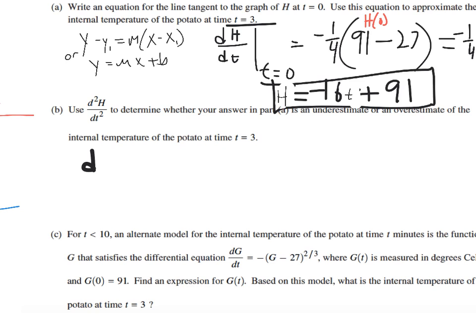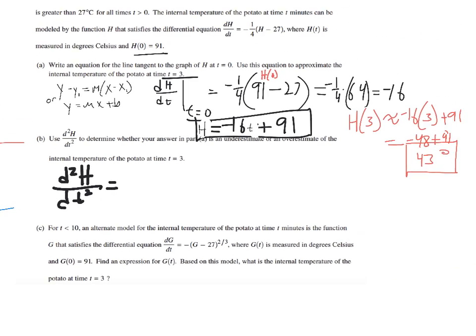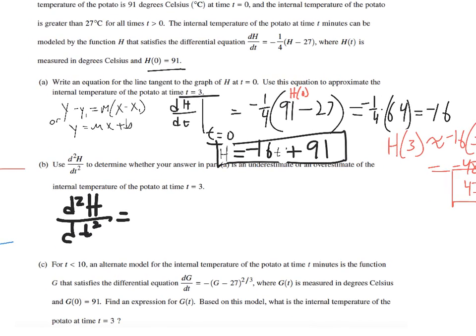Okay, so the second derivative, we just need to take the derivative of the first derivative, which is, we got this guy, the derivative of, I'm just going to distribute that, -1/4 h plus 27/4.